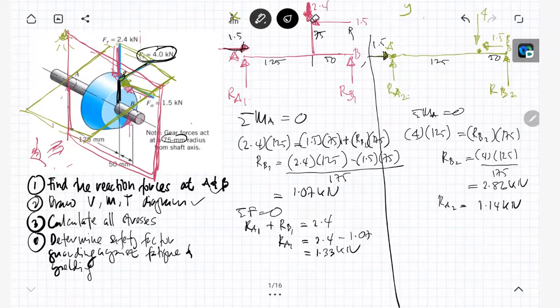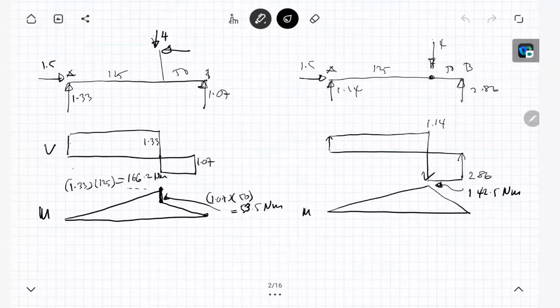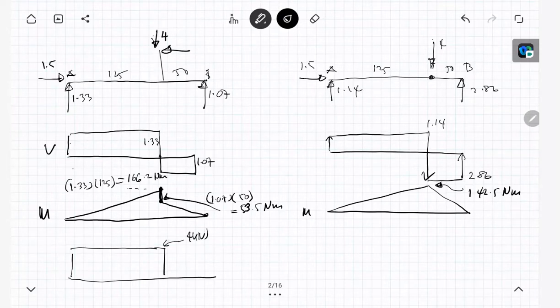The torque that you have is 4 kilonewton times the radius. So just have torque here. This one. So this torque is 4 kilonewton, radius is 0.075. So you get 300 Newton meter.